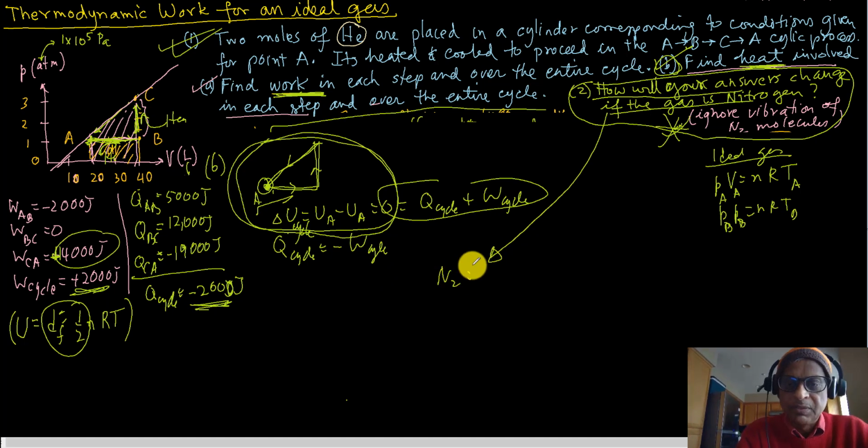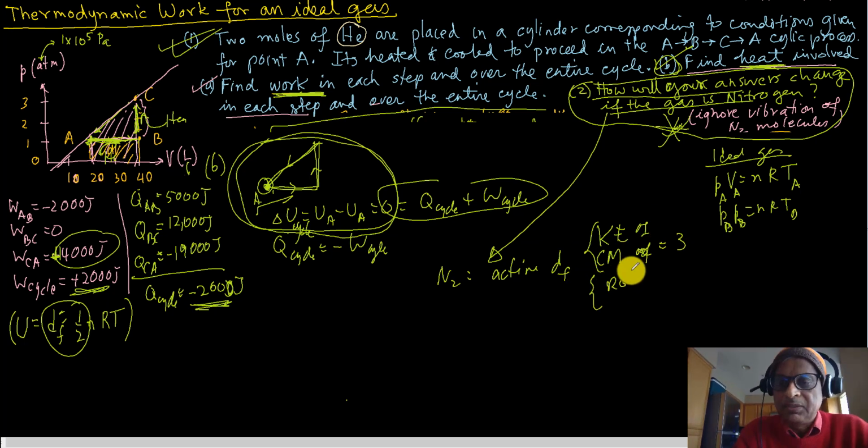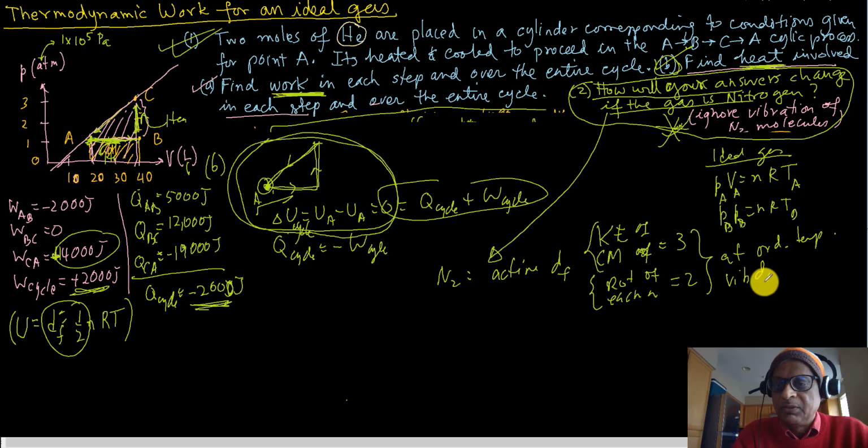So for nitrogen, active degrees of freedom will be the kinetic energy of the center of mass, that gives me 3, that's always active, and then I have a rotation of each molecule about 2 axes where the moment of inertia is not 0, that's 2, and at ordinary temperatures, vibration degree of freedom is inactive. At very high temperature, even that will become active.